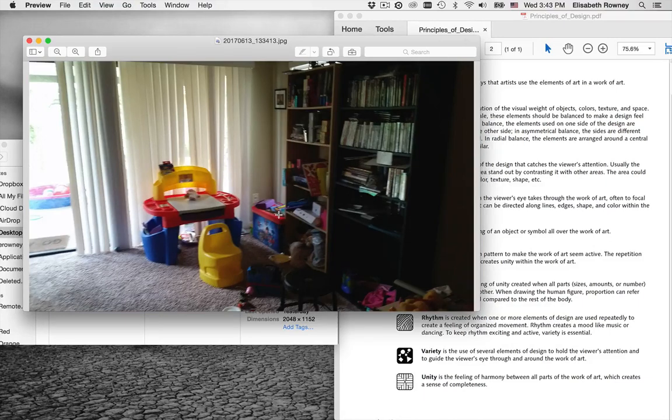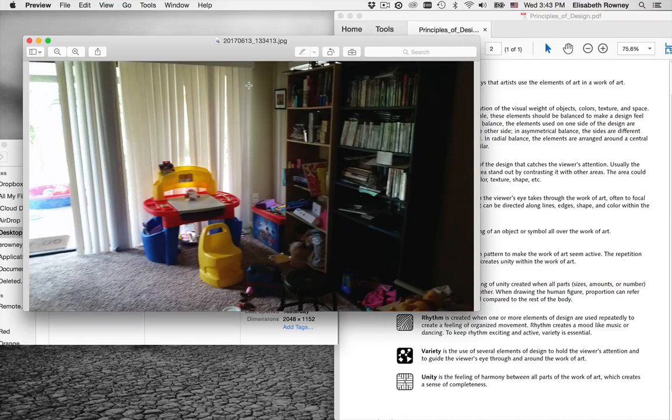Or maybe you just didn't notice it until afterwards when you're looking at your images. You would go in and you could just blur that one box. So maybe at first glance, someone doesn't know that this is actually a children's cartoon logo. Yeah?